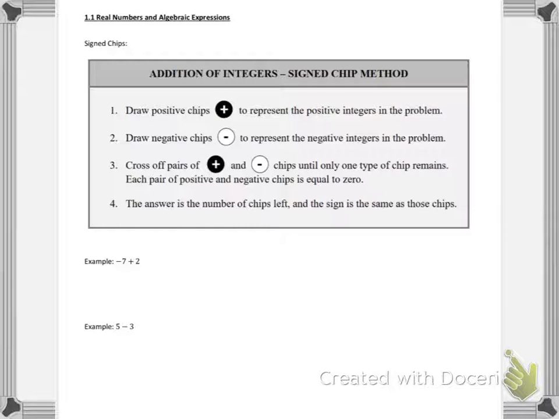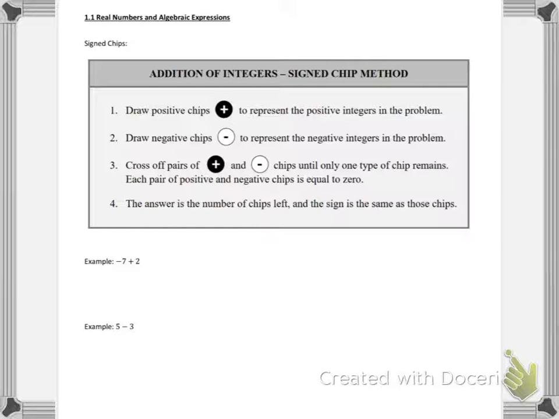So the idea here, I'm going to be completely honest with you before I even explain this. This is not practical with large numbers. You're going to be there all day, okay? So this is really just more of a conceptual thing to help build an understanding of what negative and positive signed numbers mean, okay?